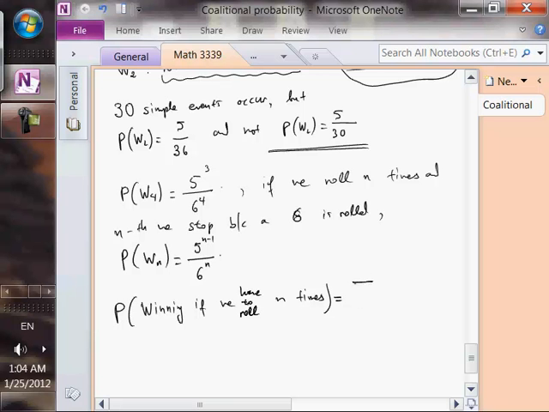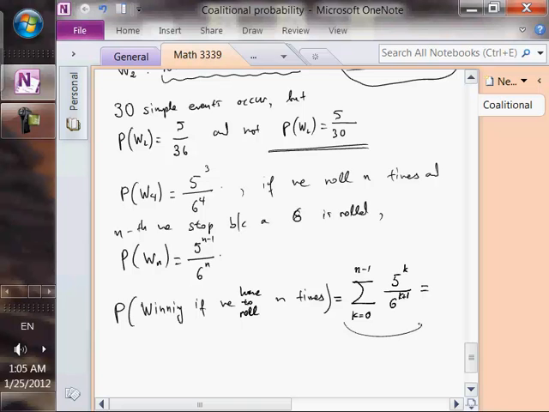Clearly, that's the sum up to n minus 1. And you can verify this formula if you plug n to be equal to 4.